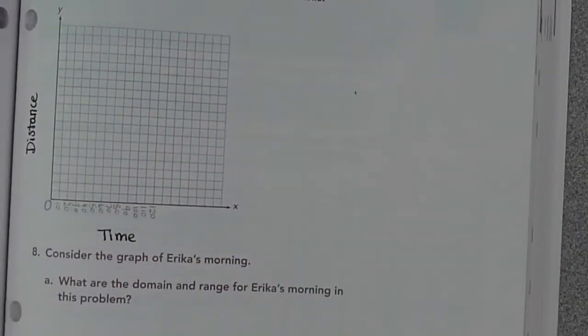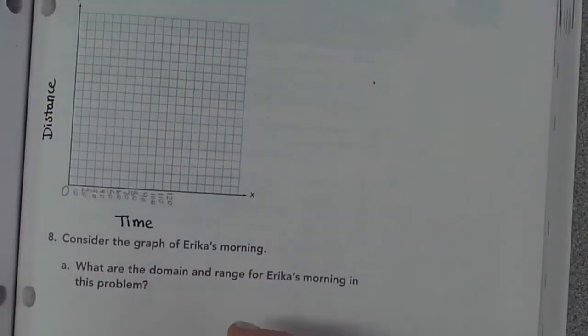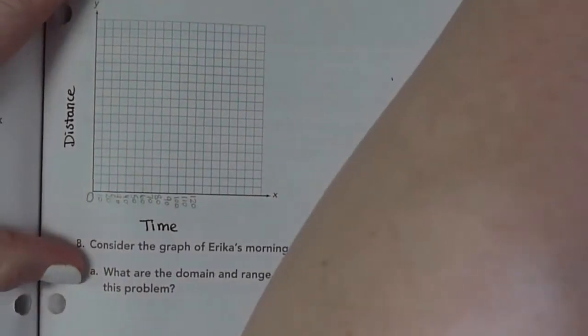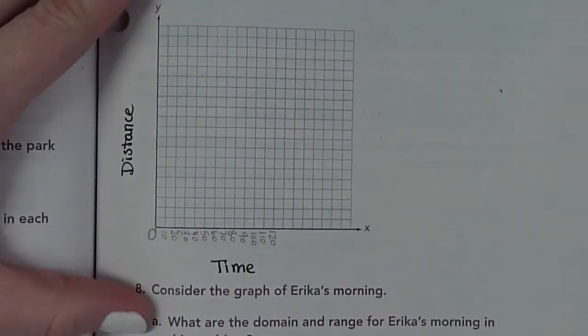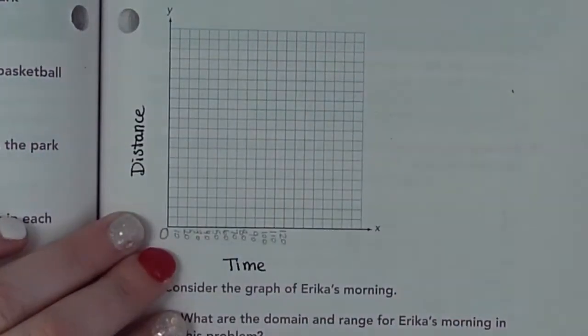Okay. Now distance, we only have to get to 3 miles. So I don't want to just go 1, 2, 3. I want to spread out my graph a little bit. So I'm going to make my graph go by 0.25. And I'm going to pause my video to do that.